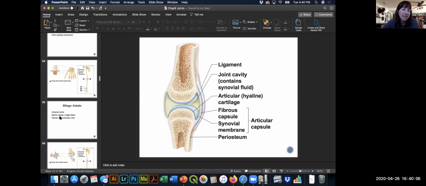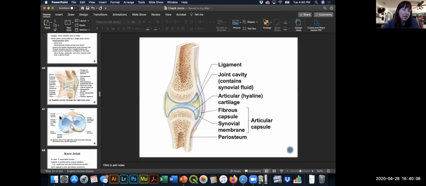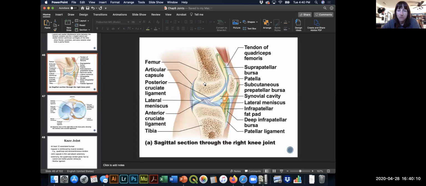In terms of the knee and those reinforcing ligaments, let's take another look at those. So here's our knee joint, another synovial joint, with all those parts: articular cartilage, synovial cavity full of synovial fluid, a joint capsule, which you can see on the back of the knee, but not so much on the anterior side of the knee. That's just because the knee is weird that way.